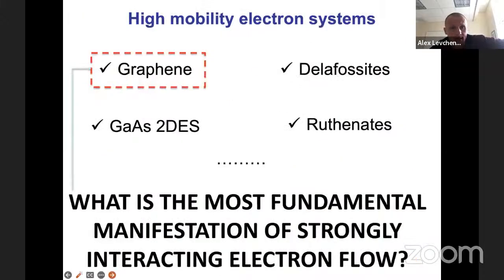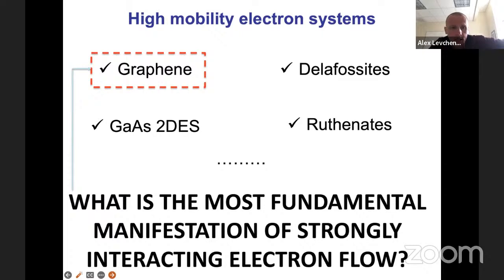All right, so we have an array of highly mobile and very pure 2D electron systems, ranging from graphene and some other exfoliated 2D materials in the family of transition metal dichalcogenides. We have super high mobility clean gallium arsenide two-dimensional electron systems, both electron-like and hole-like. We have delafossites, ruthenates, and perhaps some other systems.